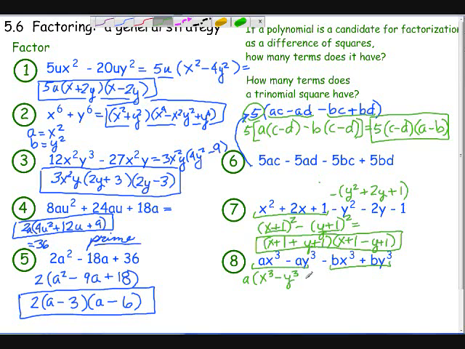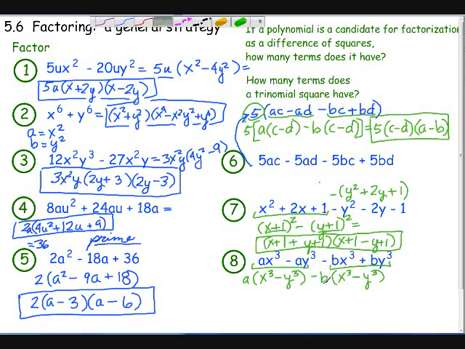I know how to factor a difference of cubes. And then I'll factor out a negative b, and that will leave me with x cubed minus y cubed. Anybody wondering why that's a minus?